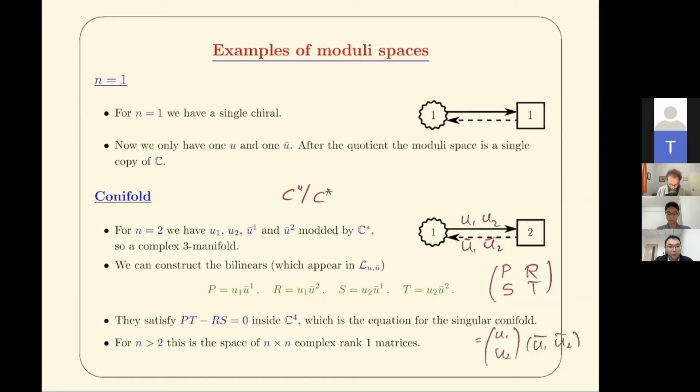Maybe I got it a bit wrong. So what we have here is the space of rank 1 complex matrices, and that is the conifold. So we found here that the moduli space is the conifold, and for n greater or equal to 2, this would be the n by n complex rank 1 matrices, that moduli space, which is known. So yeah, this is not hyperkähler because it's 3 complex dimensional, but it's a similar construction.